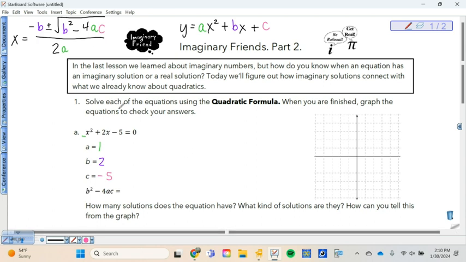Okay. So we want to solve these using the quadratic formula. So let's go ahead and plug our numbers in to our equation up here.